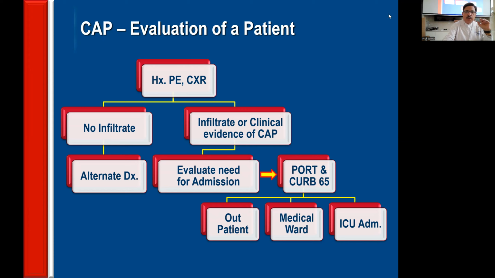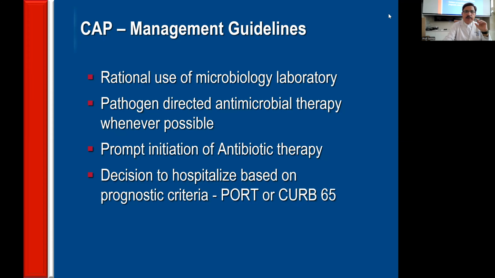So evaluate the need for admission and look for the CURB, and then CAP management guidelines: rational use of microbiology laboratory, pathogen-directed antimicrobial therapy whenever possible, prompt initiation of antimicrobial therapy not waiting for the bacteriology, decision to hospitalize based on the prognostic criteria called PORT or CURB-65.